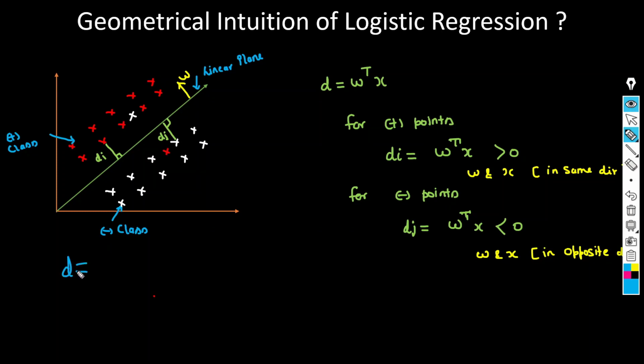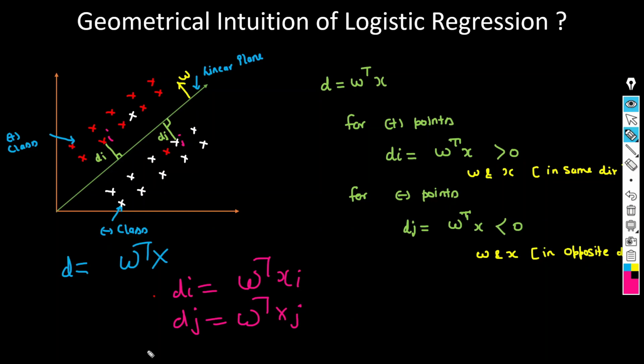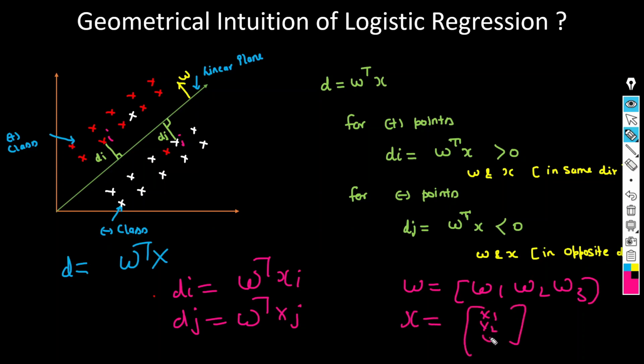As you know, distance is equal to w transpose x. Let's check, this is your xi point, this is your xj point. So di would be w transpose xi, and dj would be w transpose xj, right? W is a row vector, w1, w2, w3 if it is 3 dimensional, and x is a column vector, x1, x2, x3.